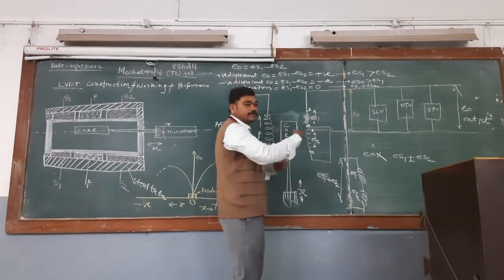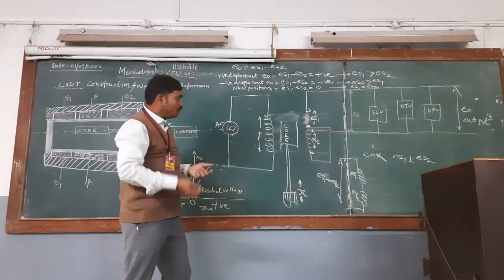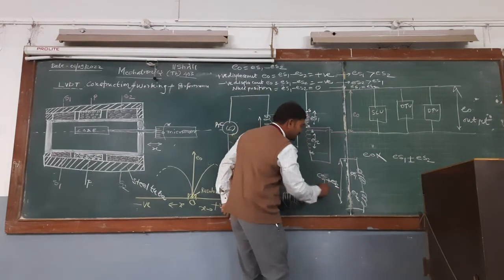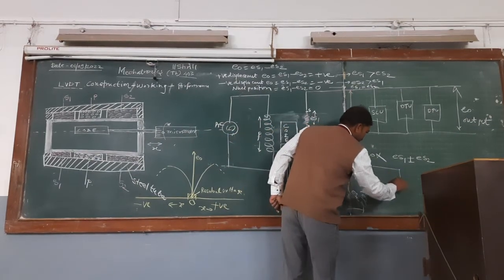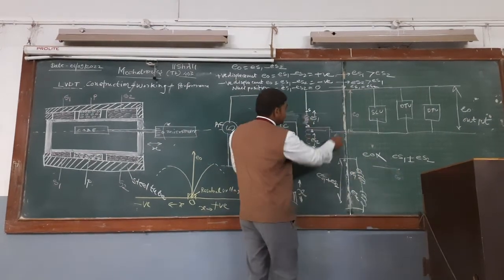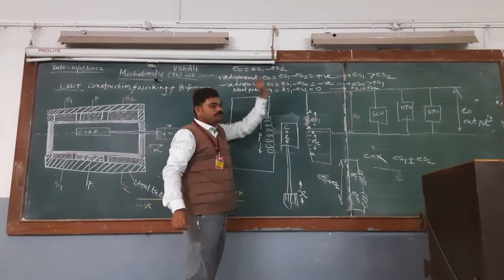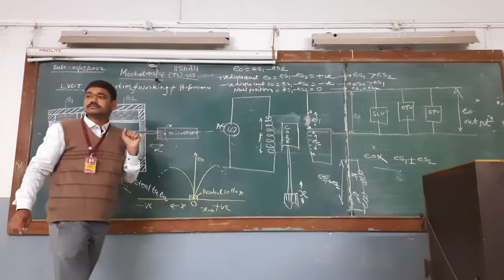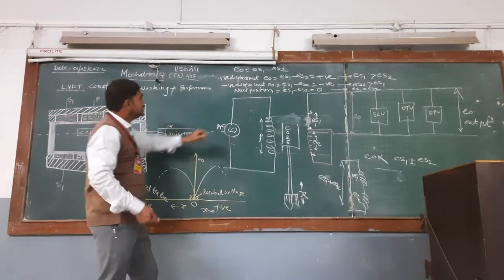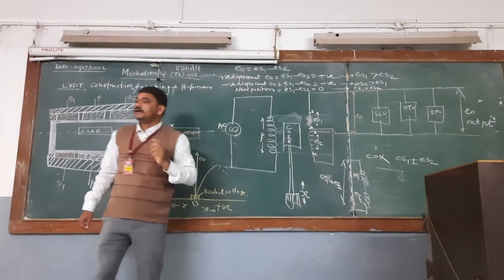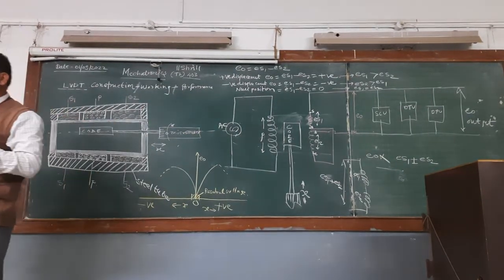That is cross connected. So whatever the output obtained, it is differential: E0 equals ES1 minus ES2. This is called a differential transformer.